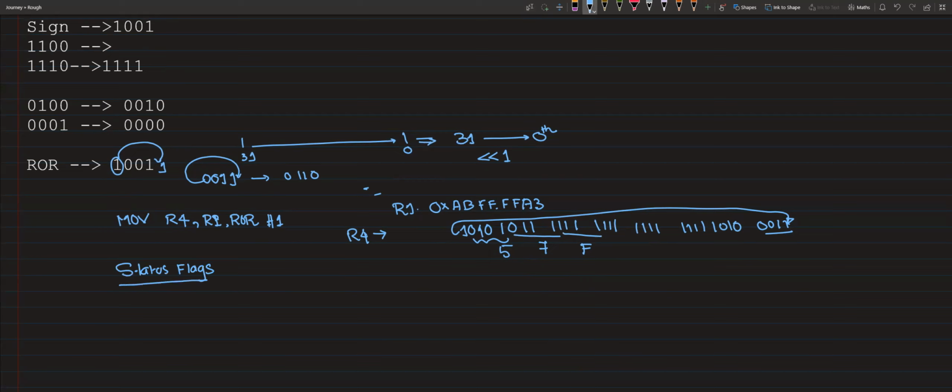We do a lot of operations, like in the if else statement in C programming, you might have seen we compare whether A is equal to B, or A greater than B, A less than B. Whenever you add A plus B, there might be some carry generated, and we will have positive and negative numbers. For representing all these values, we have the status flag register.